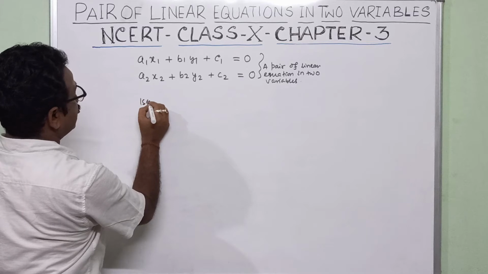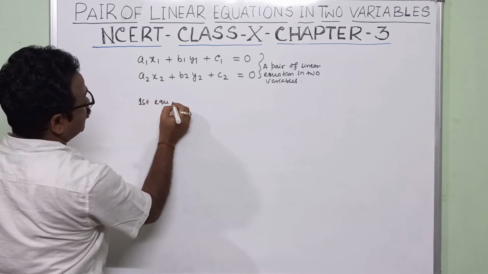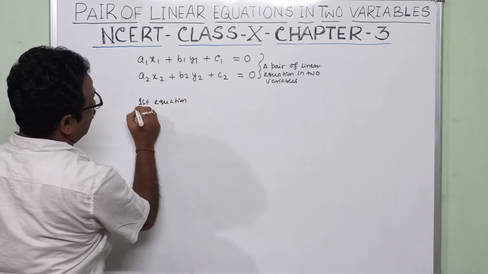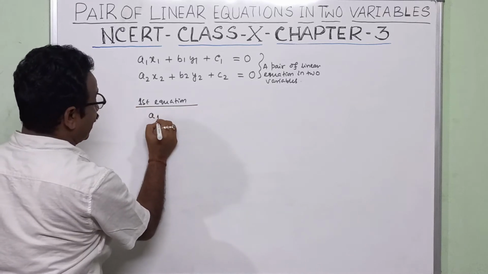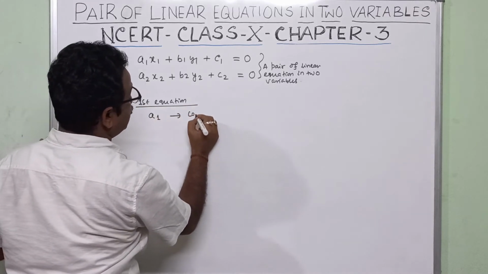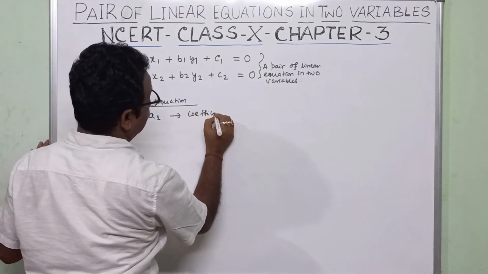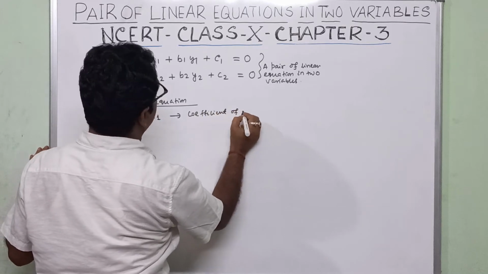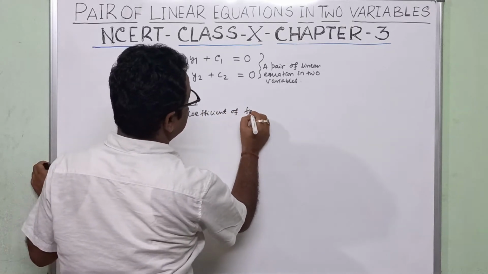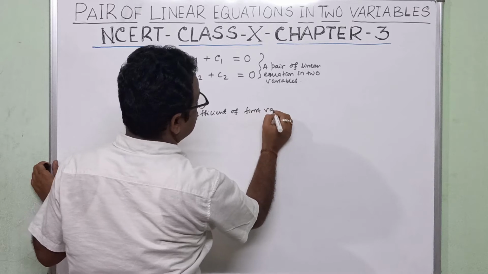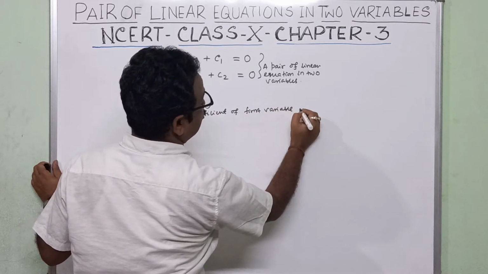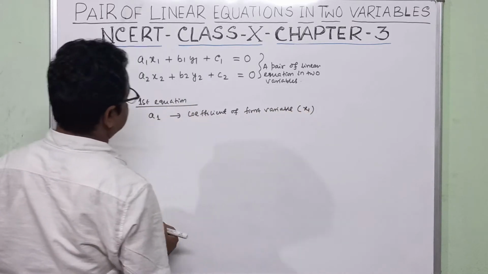So now what is a1? First equation: a1 is the coefficient of the first variable, that is x.